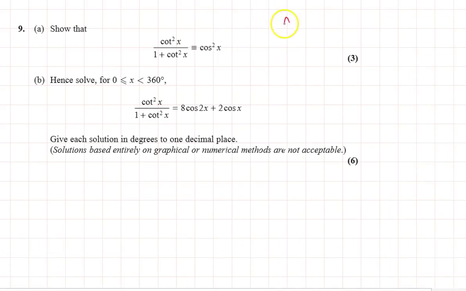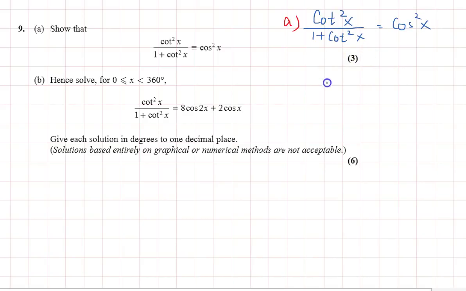Question number 9, part A. Show that cot square x divided by 1 plus cot square x is equal to cos square x. Let's convert it to sine and cos.